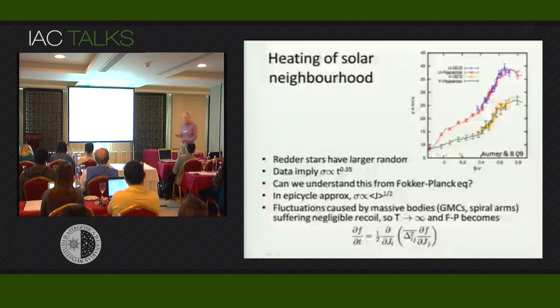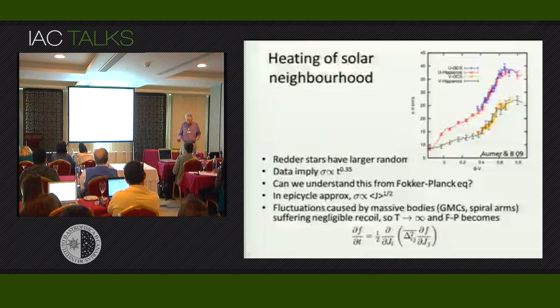What you find is this very systematic increase in random motion with color. So redder stars have larger random velocities than blue stars, and the explanation for that is obviously that the blue stars are relatively massive and therefore relatively short-lived.